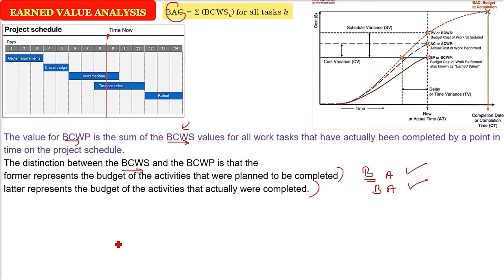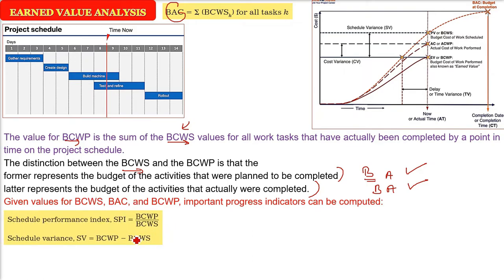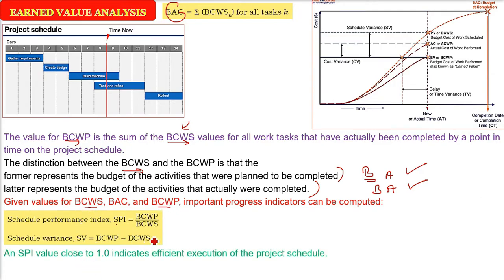Okay, what is budgeted? What is completed? Now we have BCWS, BAC and BCWP. You can find out the SPI, that is BCWP by BCWS, and the schedule variance also, BCWP minus BCWS. So these will give you certain indication, like the schedule performance index.